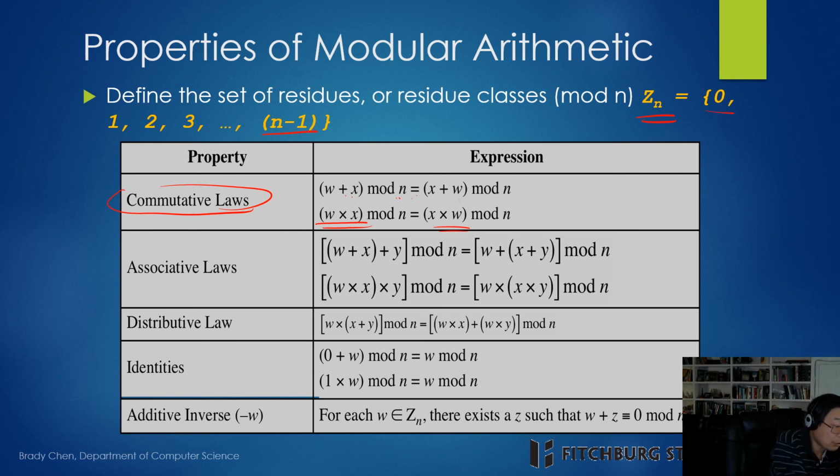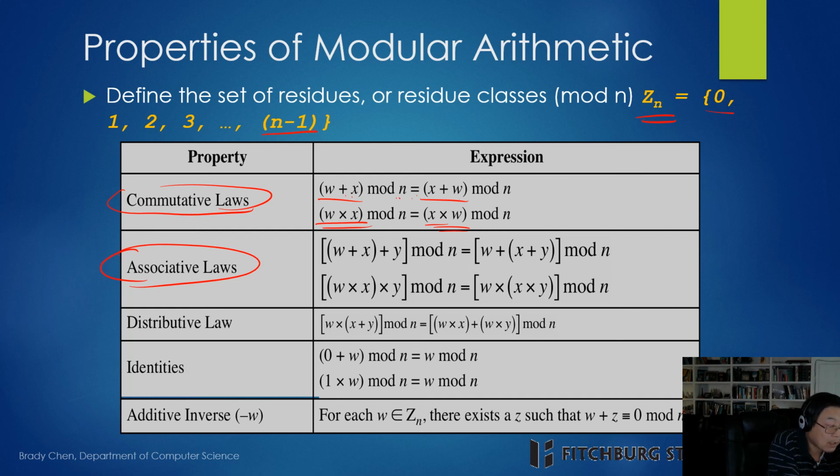This is generally true with or without mod n, right? Like when we say w plus x is the same as x plus w, this is generally true for general arithmetic, but for mod n operations, that's still true. And the same thing with the associative law.